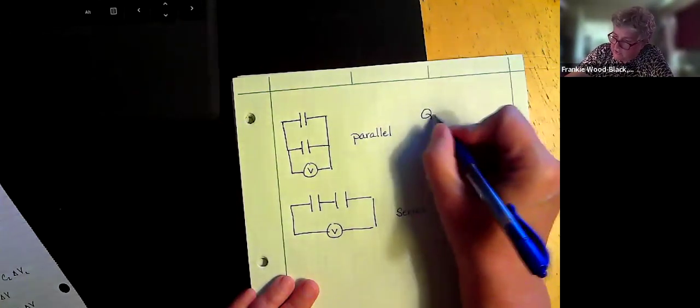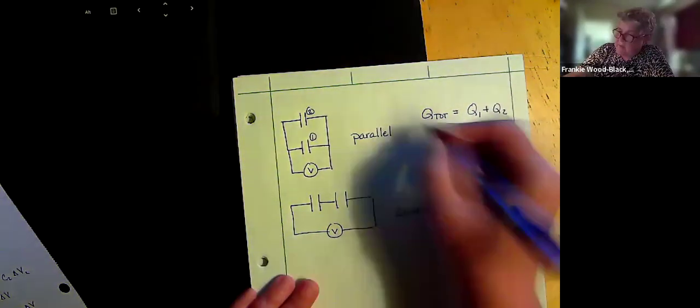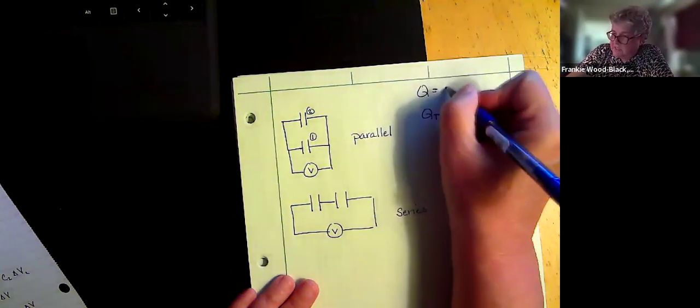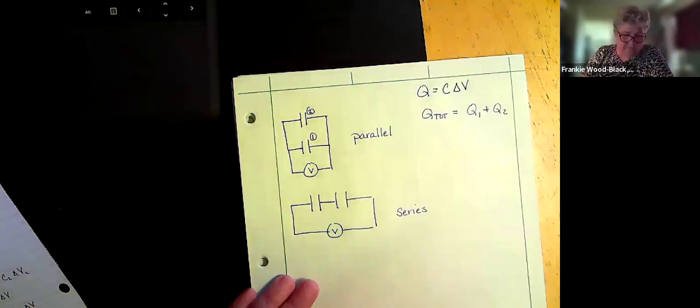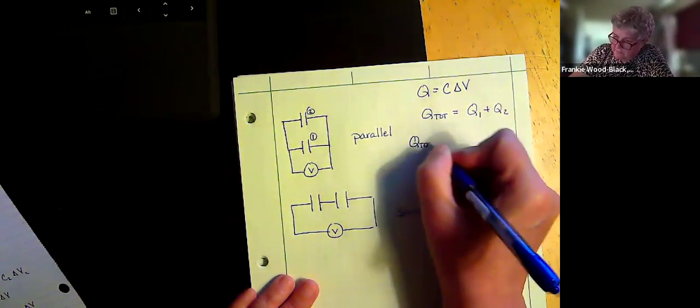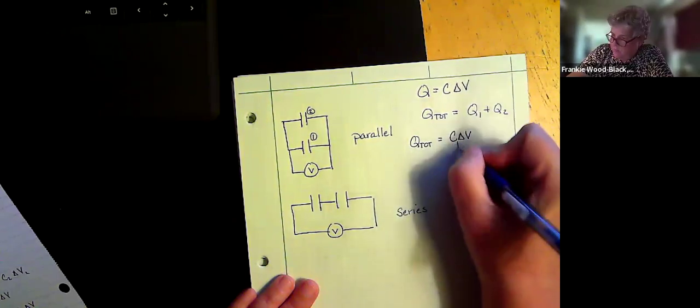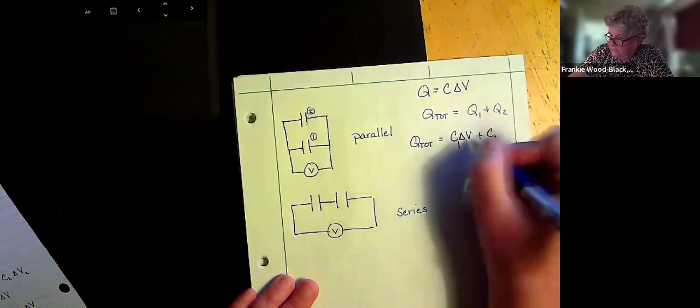And what happens here is I'm going to store charge, and the total charge is equal to the charge on this one and this one. And remember, Q is going to equal C times the change in voltage. So if I'm going to look at my total, this becomes C change in voltage, and this is C1, C2.